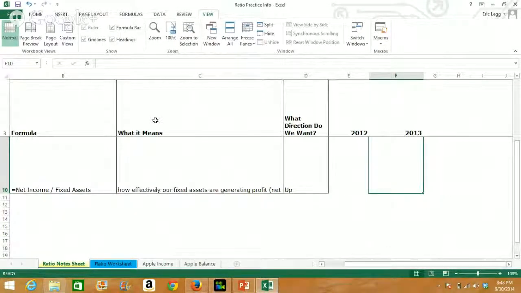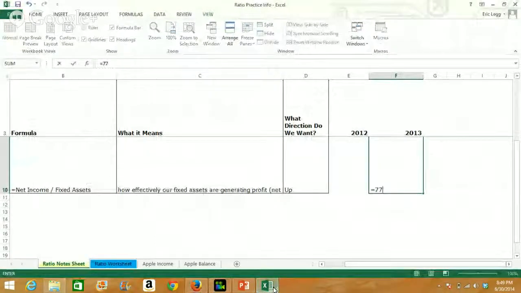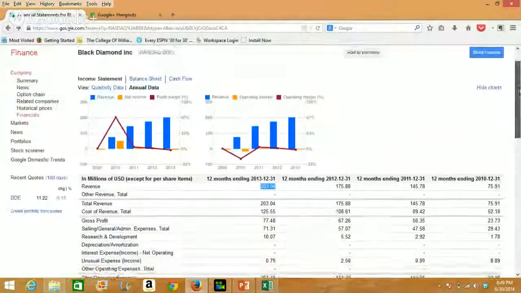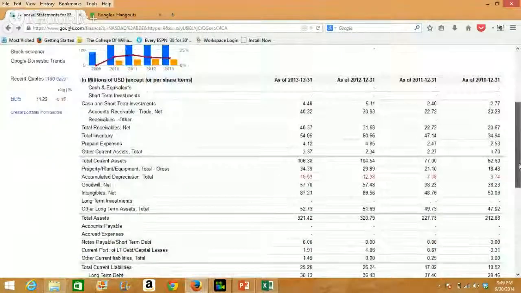Okay, 2013 net income, and gross profit 77.48 divided by fixed assets. Fixed assets, snapshot at any given point in time, stock, put in our pocket. It's on the other statement, balance sheet. Fixed assets.